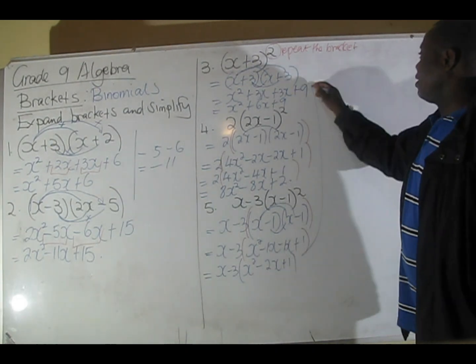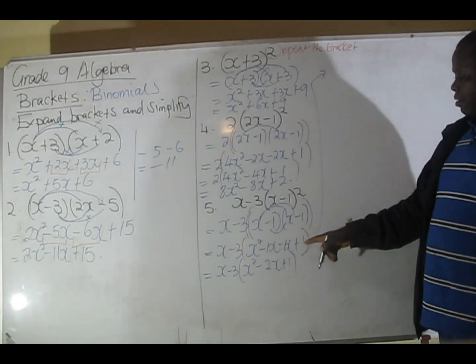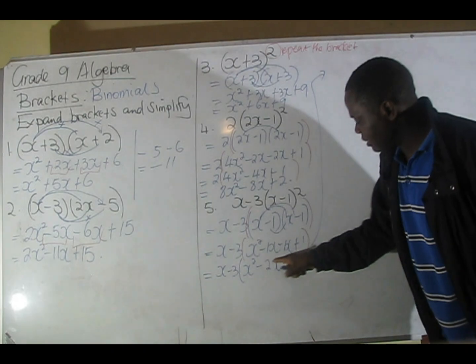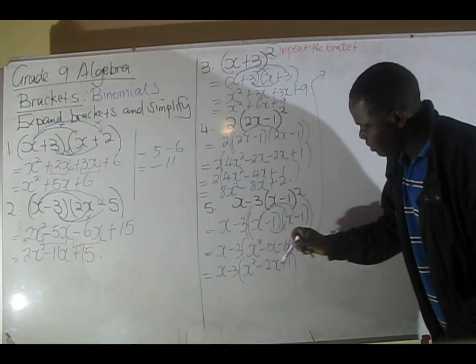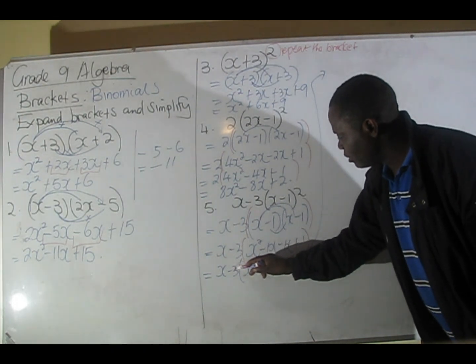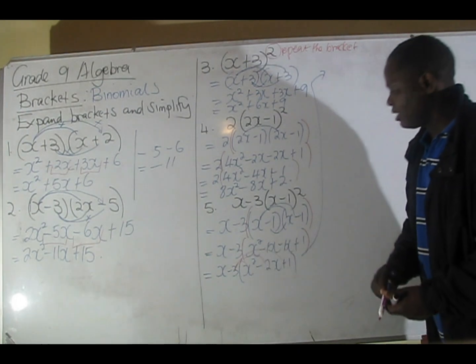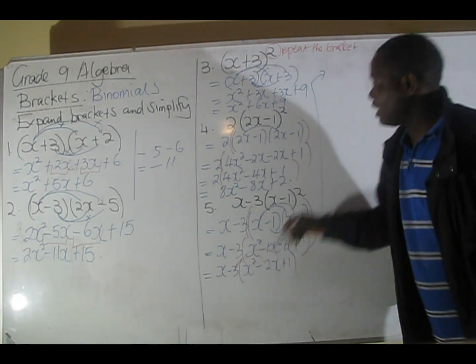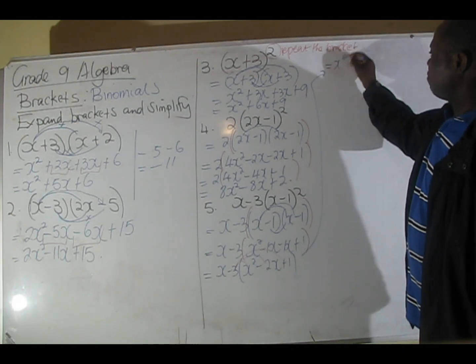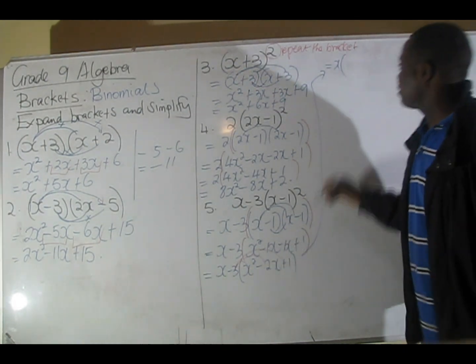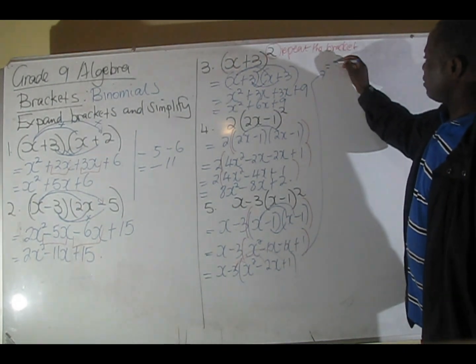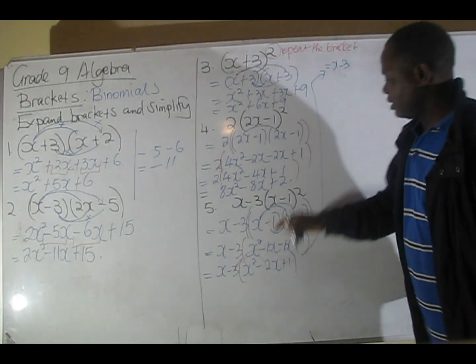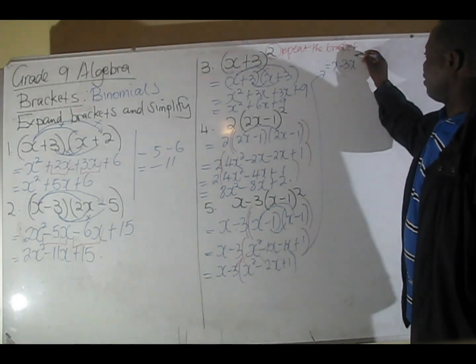So I'm going to carry on up here. After simplifying this, this negative 3 is going to multiply all of them inside there. The first x will stay there, so that will be x. Then minus 3 times x squared will give us minus 3x squared.